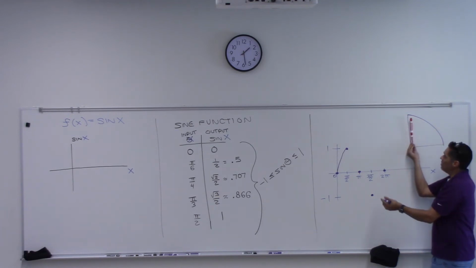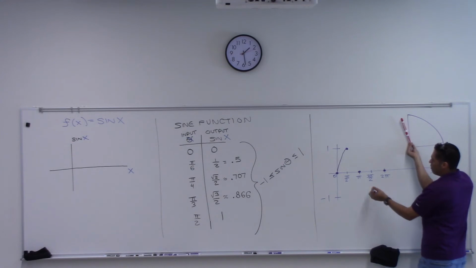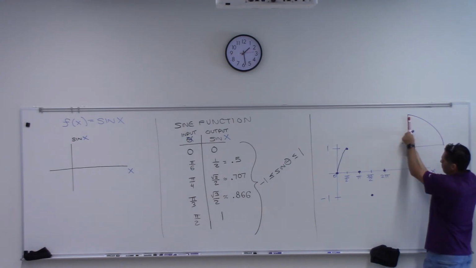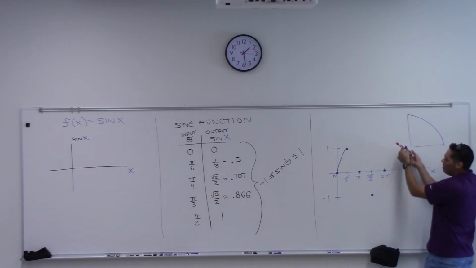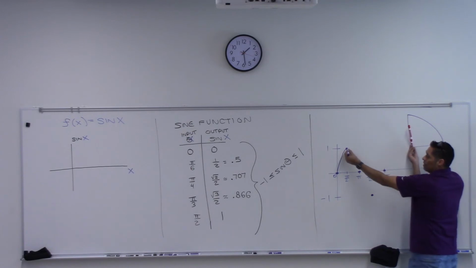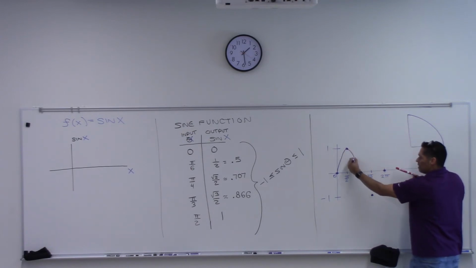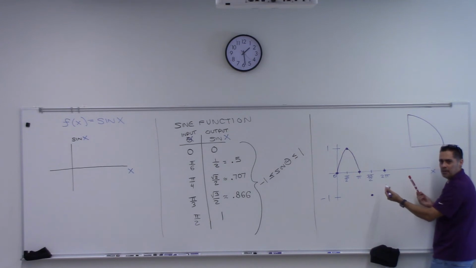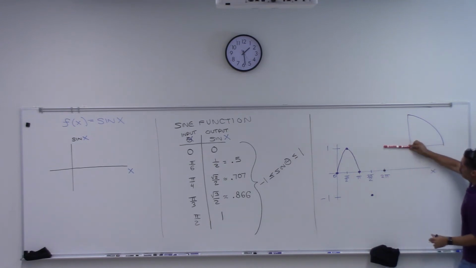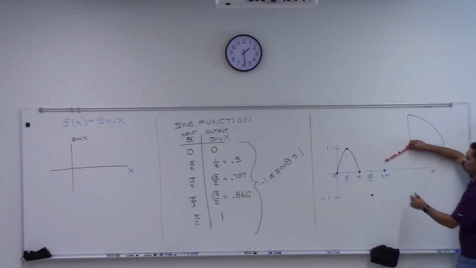And then, once I get here, what starts happening to the y coordinate between pi over 2 and pi? It starts getting smaller, right? So it's going to do something like this. I'm just trying to eyeball what's happening. And then I do it again from here to 3 pi over 2, what happens to the y coordinate?